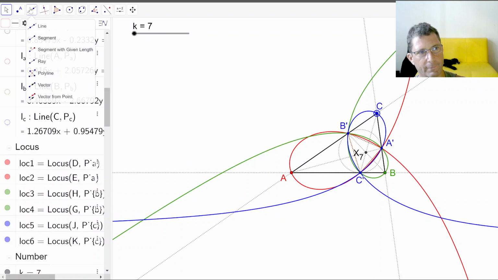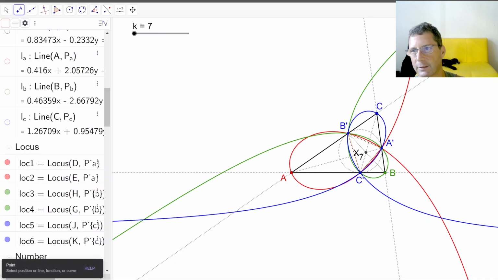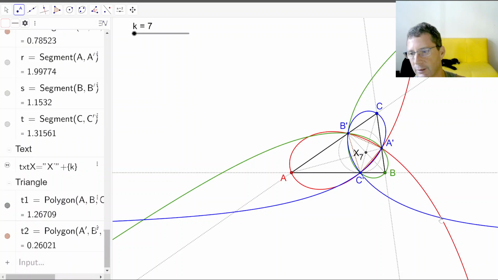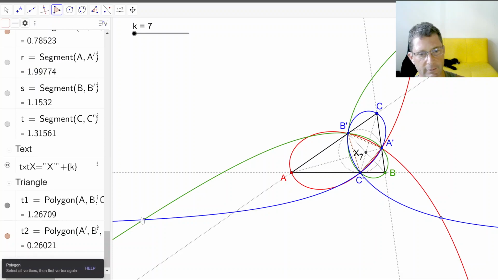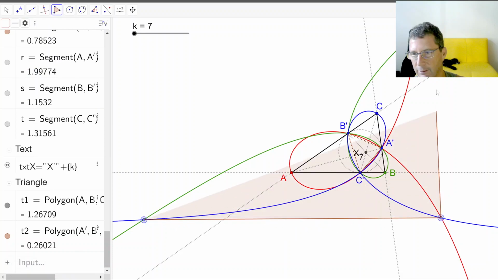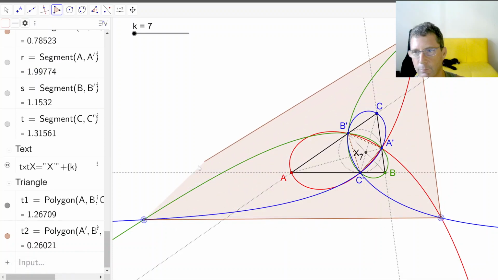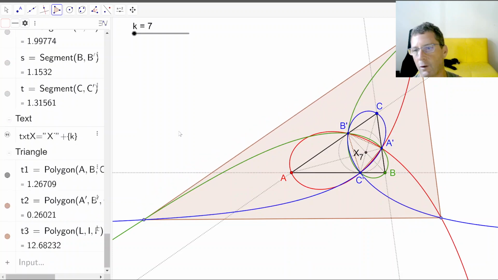So if you draw this intersection here, for example, this intersection there, and this intersection there, and you build a triangle out of these, this triangle seems to be mysteriously homothetic to ABC. These results might be evident, obvious, but I thought this was a neat property. See you on the next video where we're going to talk about quadrilaterals and strophoids.